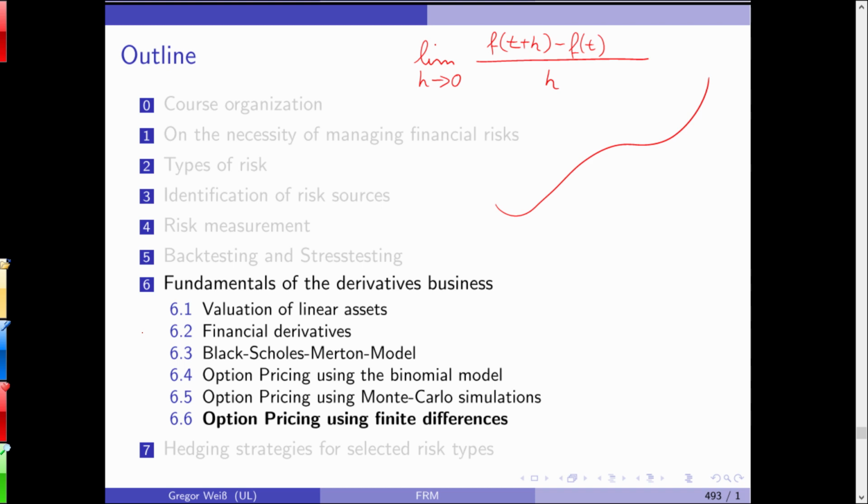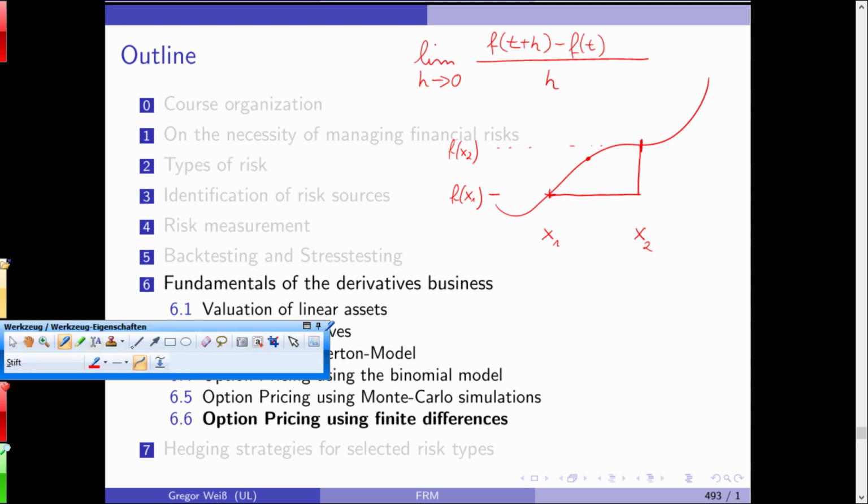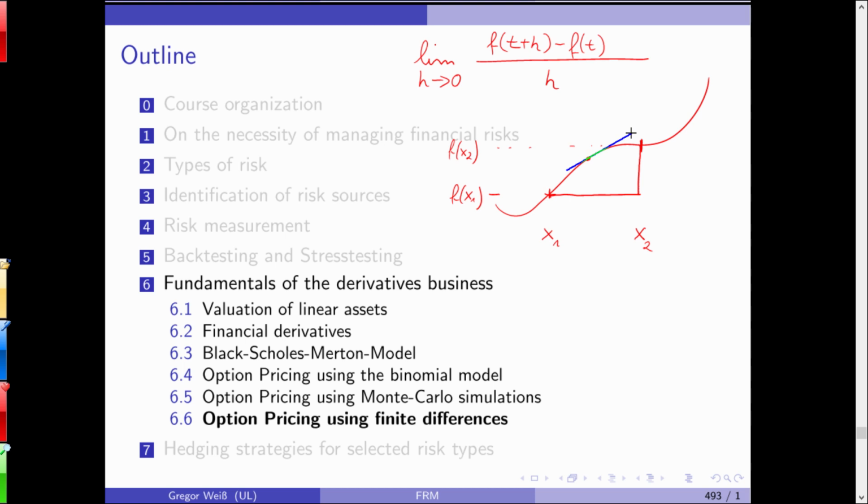The general idea is that you take 2 points, let's say x1 and x2, then obviously you have f of x1 and f of x2, and you can look at this, and if you take a function, for example, like here, you have the first derivative as the slope of the tangent to the function.